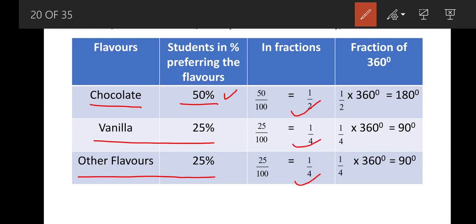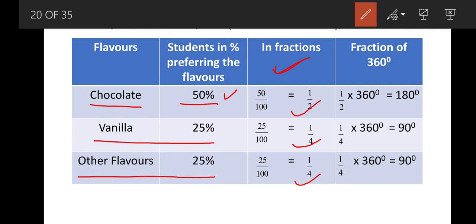As it is given to me in percentage, that is why I need to convert it into a fraction. Otherwise, I would need to directly calculate the angle. So 50% has been converted into 1 over 2, 25% into 1 over 4, again 25% into 1 over 4. Now the fraction of 360 degrees.